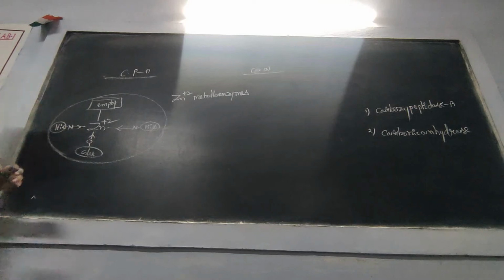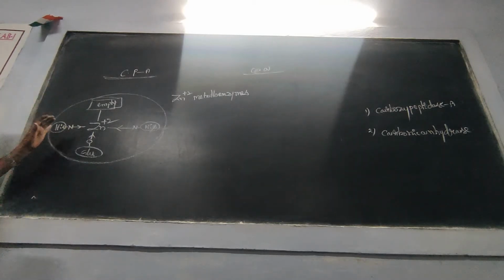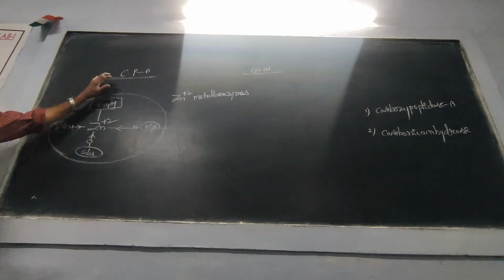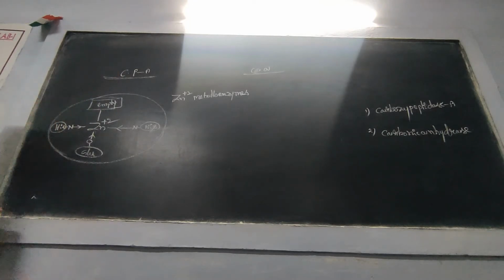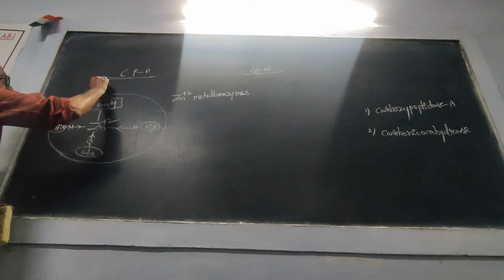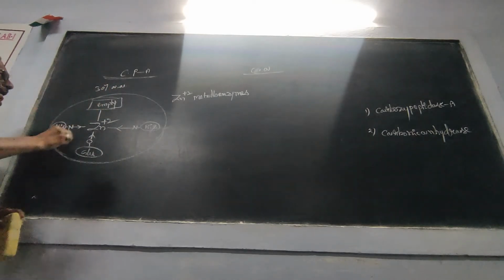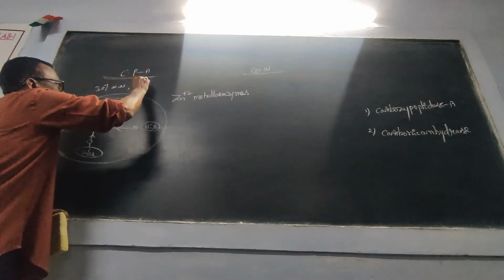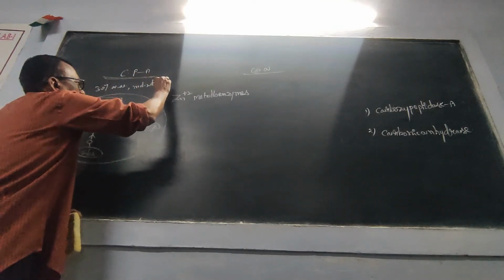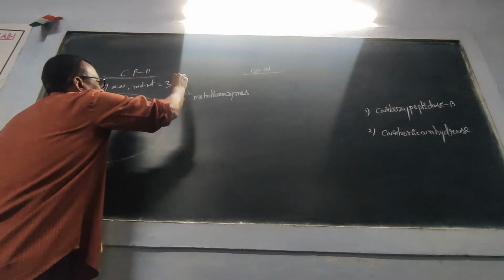Okay. Now this is the structural aspect of carboxypeptidase. Actually, the carboxypeptidase totally has 307 amino acids, and its molecular weight is 34,600.